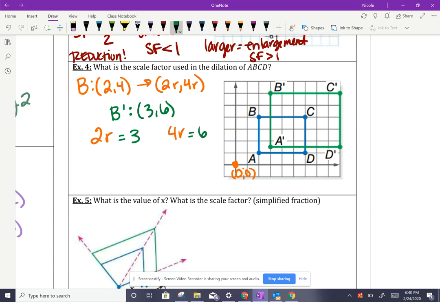Either way works. Divide by 2 or divide by 4. And R is going to be equal to 3 over 2. It works for both of them. So I have a scale factor of 3 over 2 or 1.5. Is that larger than 1, guys? Yes, it is. So this is an enlargement.